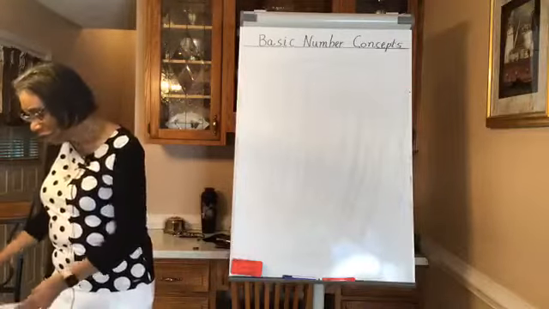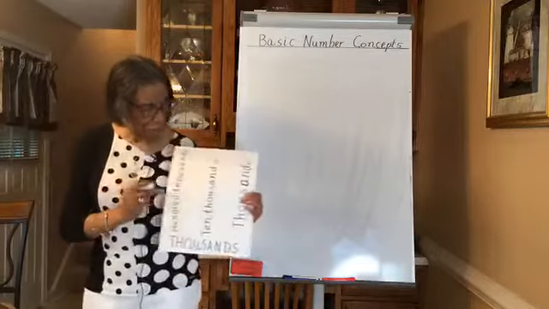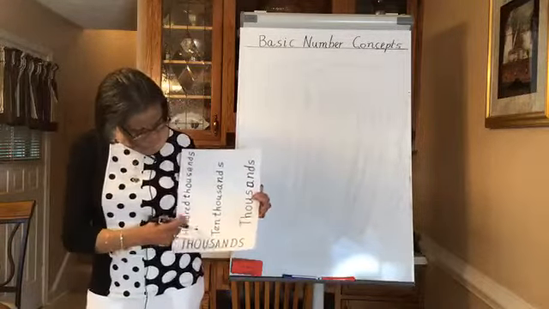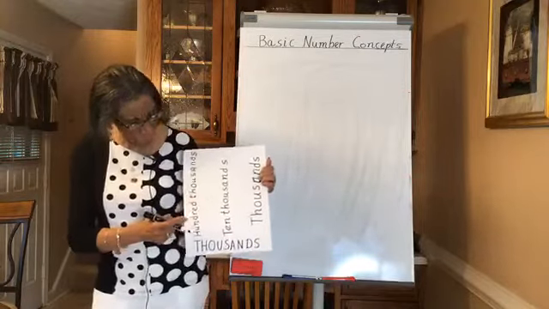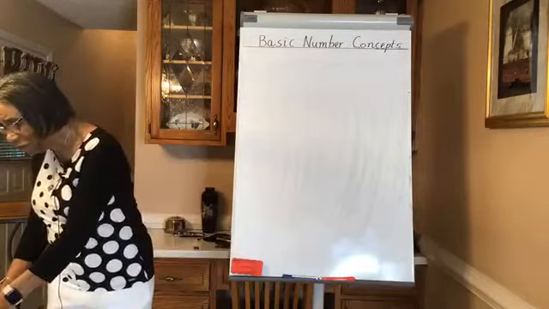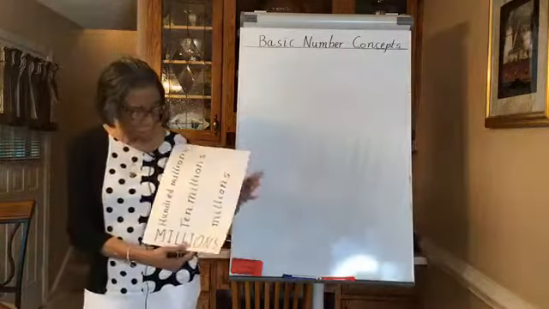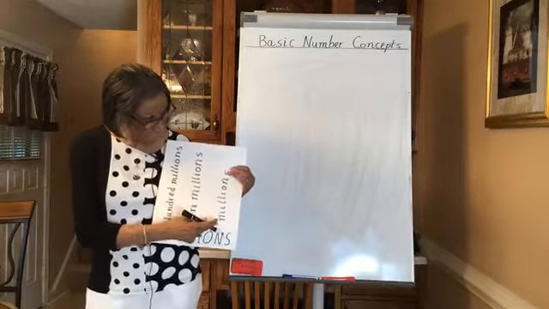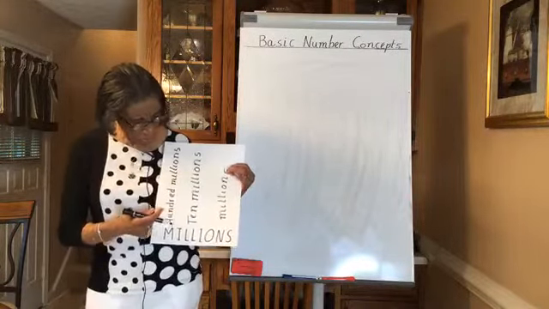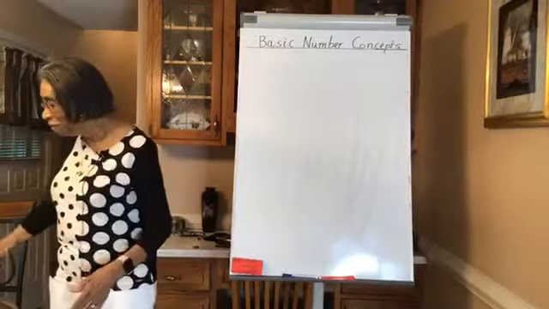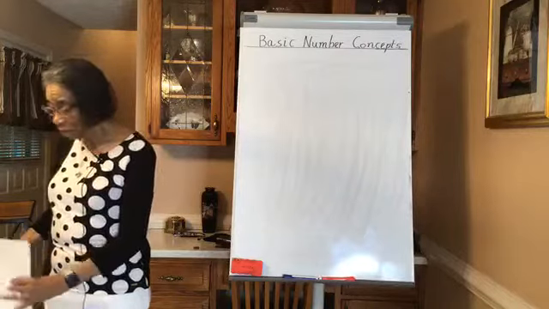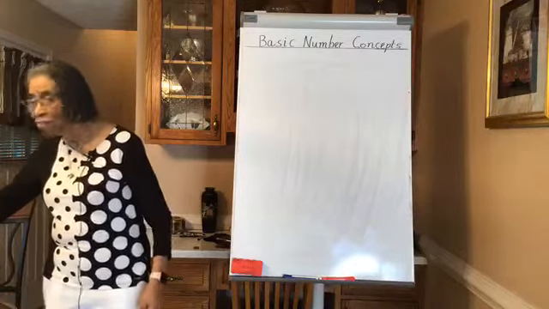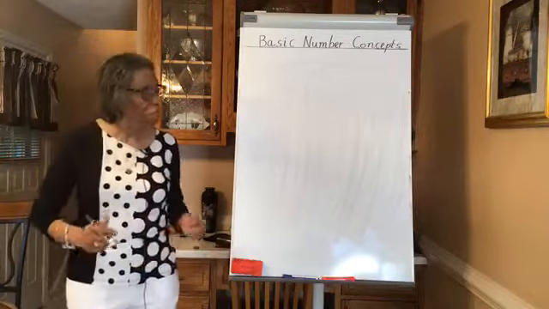The thousands family is composed of thousands, 10,000s, 100,000s. The millions family is composed of millions, 10 millions, and 100 millions. So each family is composed of 3 when it's complete. And that means we put a comma there. That's why we put the commas there.